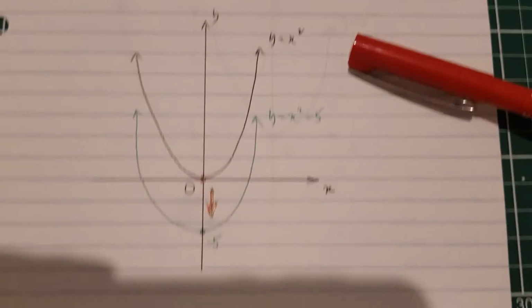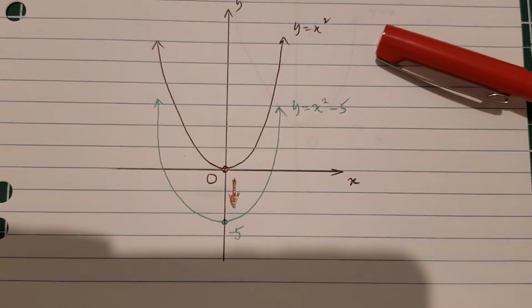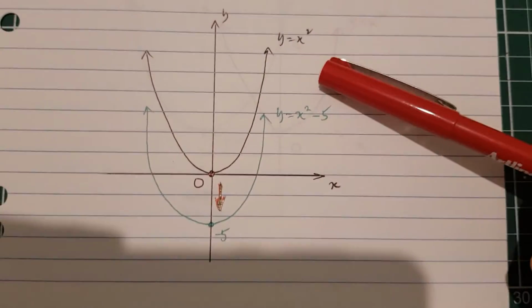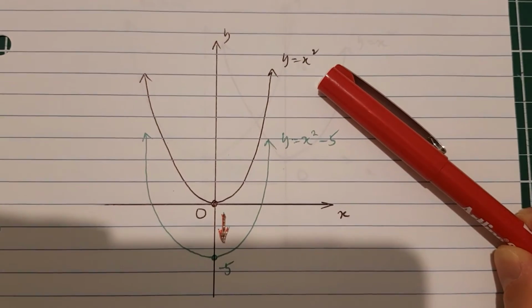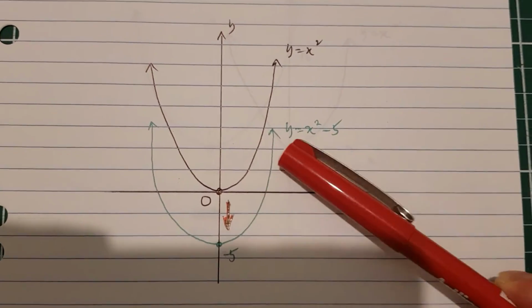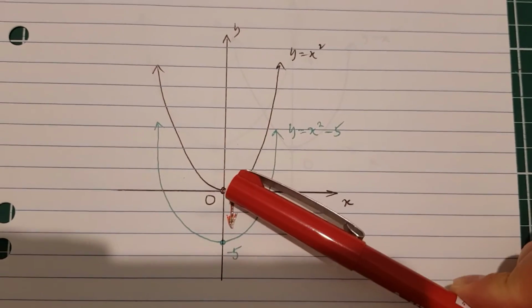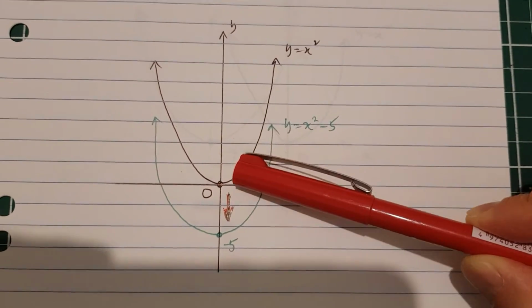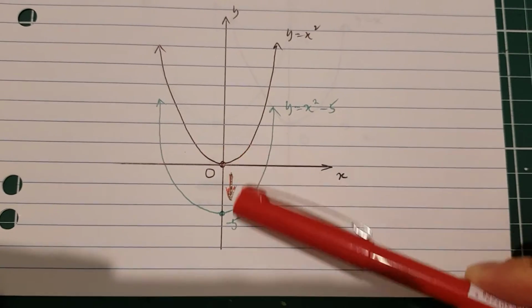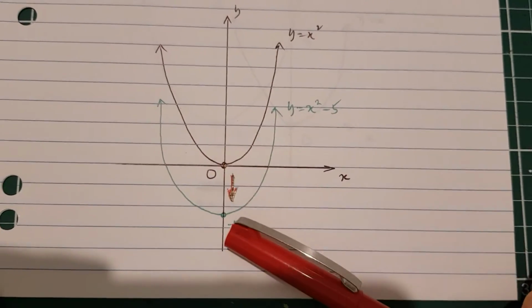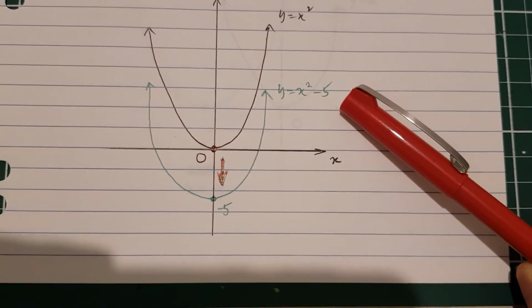If you draw that, this is the sketch of it. The black one is the original or benchmark parabola. To get the new one, y equals x squared take away 5, you drag the original one down by 5 units. Then you'll notice the vertex becomes (0, -5), which is also the y-intercept.